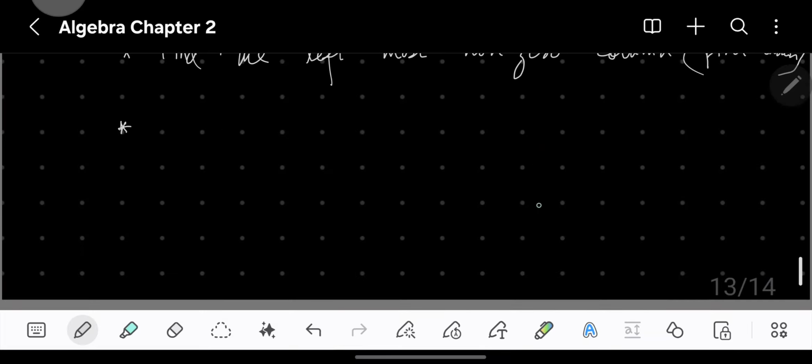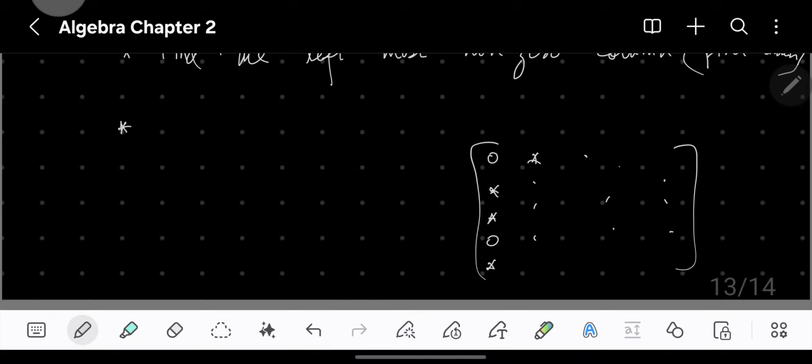So for example, if you have such kind of thing, here 0, here something, here something, here 0, here something, and so on. Since this is the leftmost non-zero column, and the entry on the top is 0, we have to swap the rows.